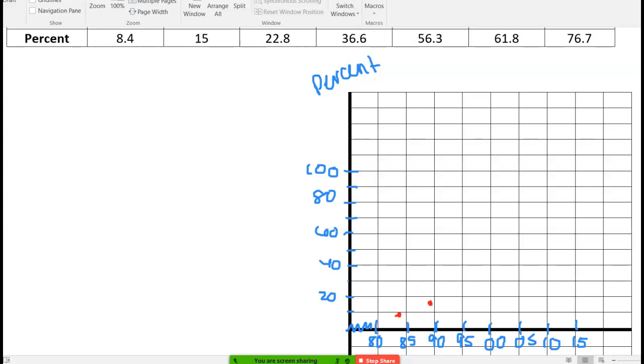So kind of centered on that box there. 93 would be between 90 and 95, and it's just past 20. 97 would be between 95 and 2000. It's at 36.6.